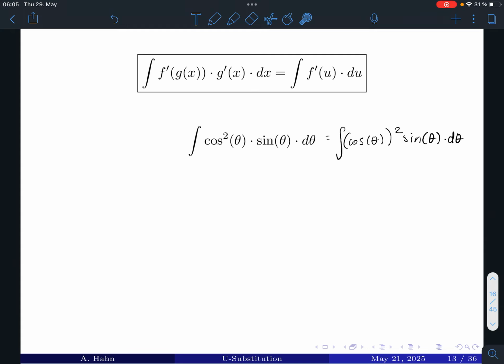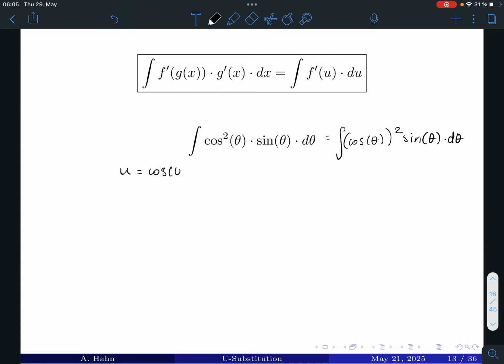And then maybe it makes sense to say that our inside function is cosine theta. So that's a guess. And now we just need to think about what's the derivative of that u? So let's maybe try that.